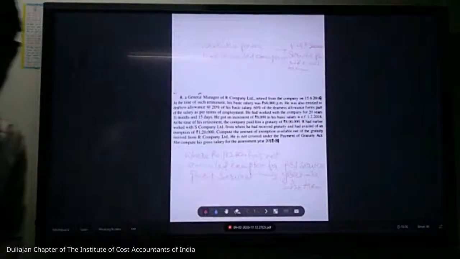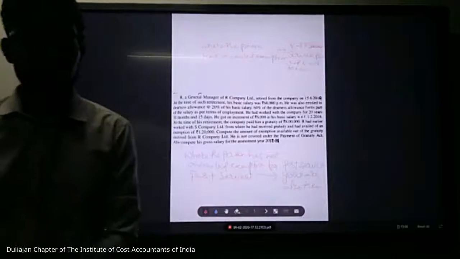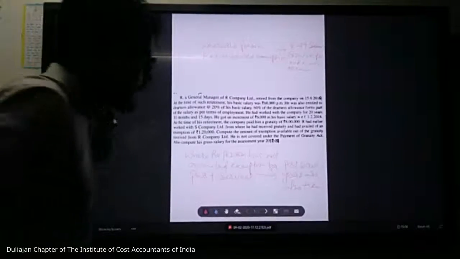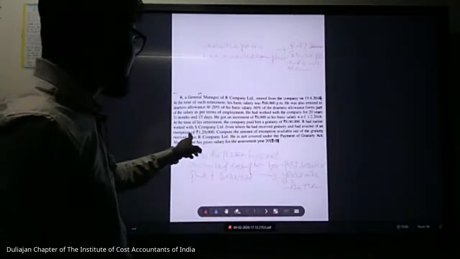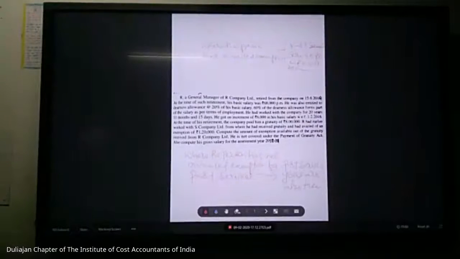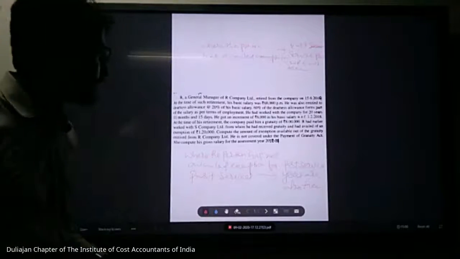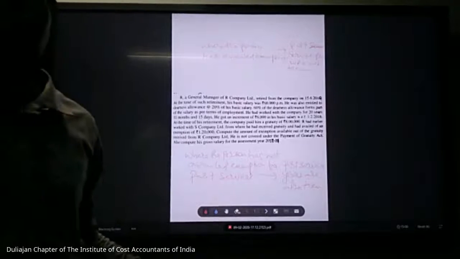If the person has availed exemption for the past service, then past service years are not taken. If the person has not availed exemption for the past service, then we'll take the past service years. Here the person has already availed the past exemption of 1,20,000, so we will not take the past years. It has not been mentioned because the person has already availed exemption.